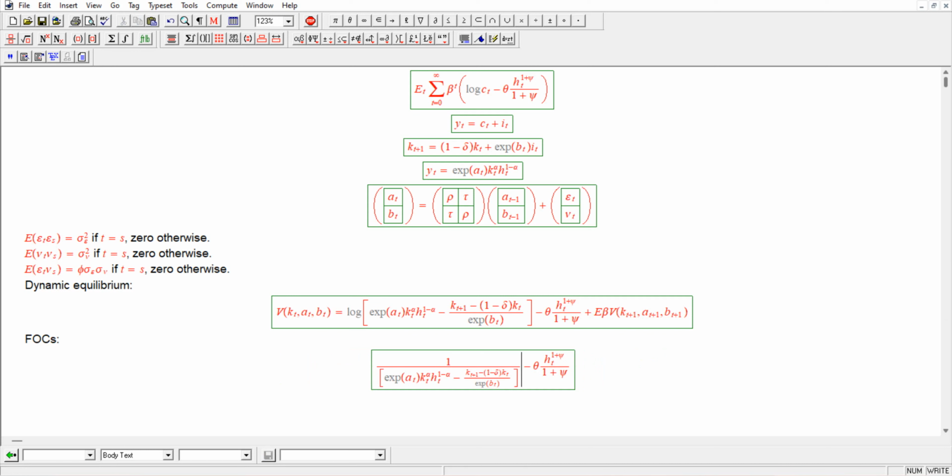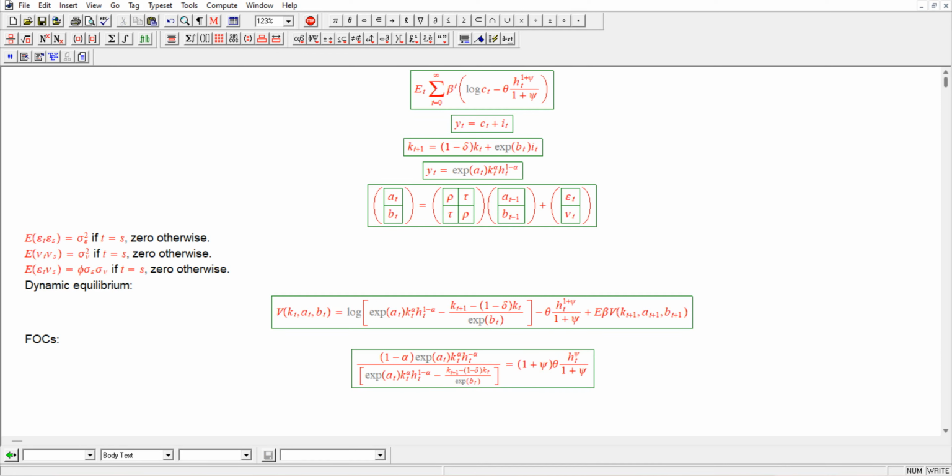And we have to also multiply it by the derivative of this expression with respect to h. Of course, this disappears, and we end up with this. Then we have to differentiate this with respect to h as well. So this comes down, and we subtract 1 from the exponent, and this whole thing has to equal 0, which is the same thing as saying that these two sides have to equal each other.